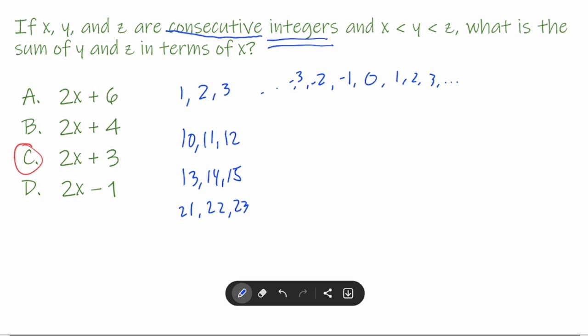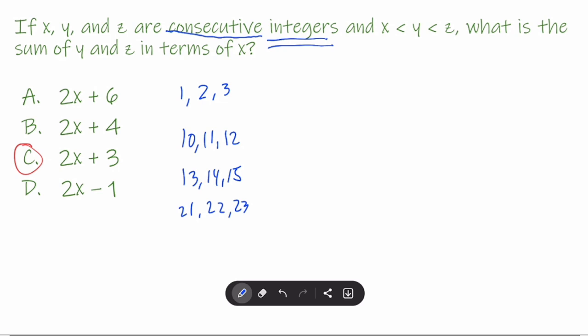It's important because without the word integers, you might consider numbers like 1.1, 1.2, 1.3. These are consecutive numbers, but they are not integers. They are decimals, what you call rational numbers. So we don't include those because it's given that they're integers.